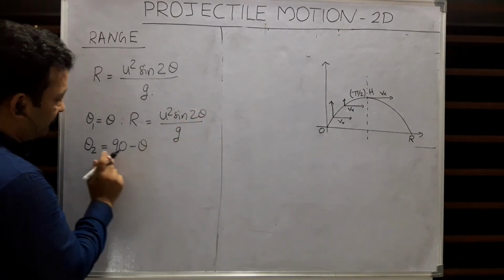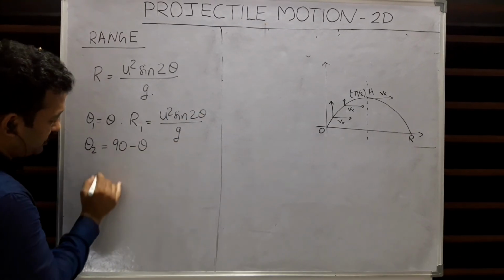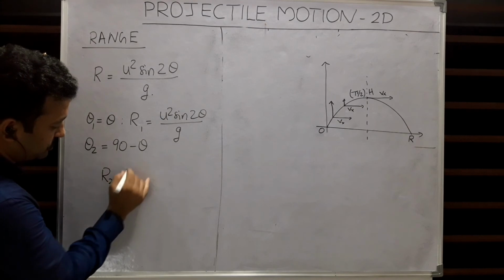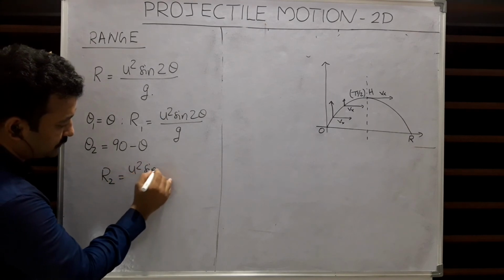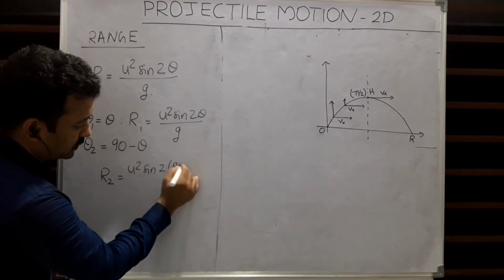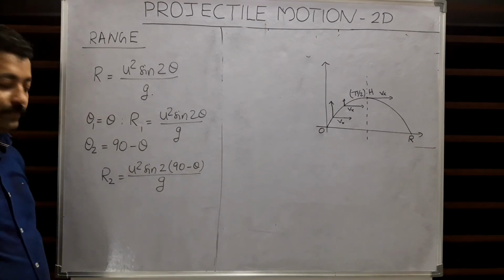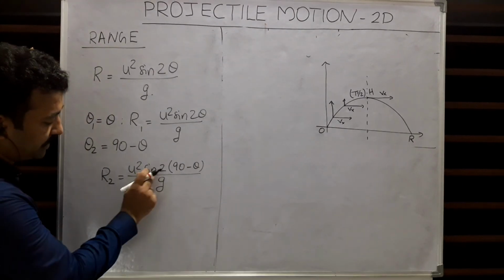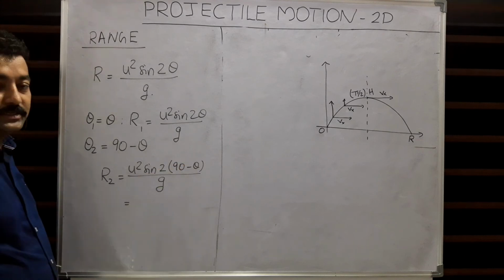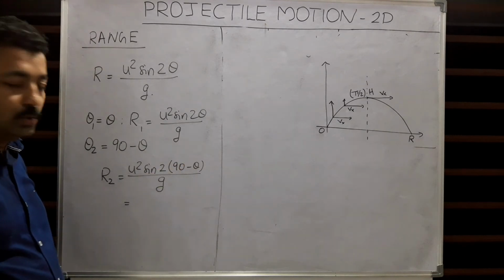For complementary angles, the range R1 will be u square sine 2 theta divided by g, and for theta 2, R2 is equal to u square sine 2 into 90 minus theta divided by g. Sine 2 into 90 minus theta is sine 180 minus 2 theta.